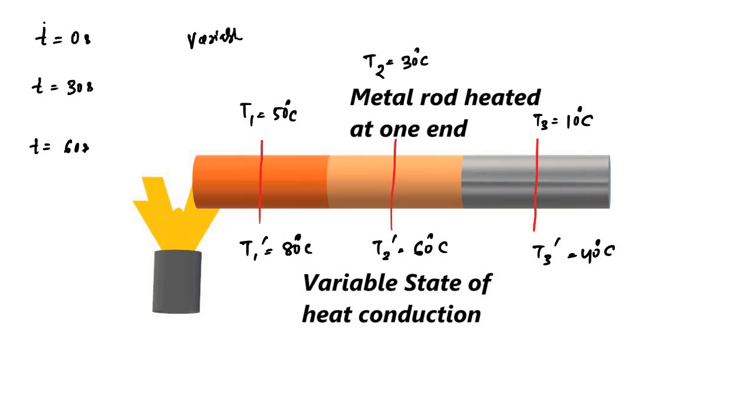Similarly, if we take another reading at 90 seconds, this temperature T1 double dash will be, let's say, 110 degrees Celsius. This will be 90 degrees Celsius, and this will be, let's say, 70 degrees Celsius. Temperature keeps on increasing with time.